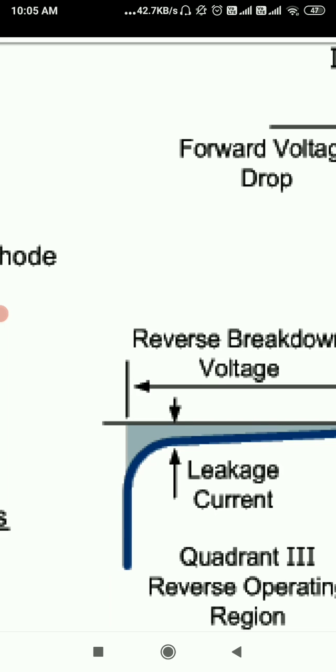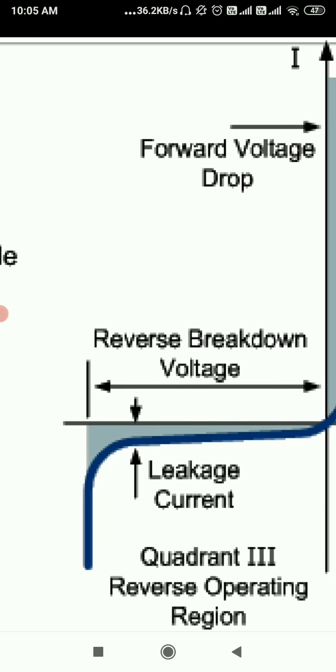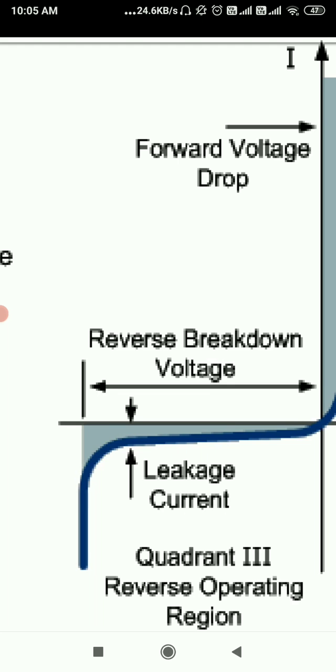When we are giving negative supply to the PN junction diode, at that time the reverse saturation current will flow. This leakage current, or you can say saturation current, is nothing but a negative current which you will not require, because this current is because of only minority charge carriers. माइनॉरिटी मतलब क्या? जो कम अमाउंट में होता है.